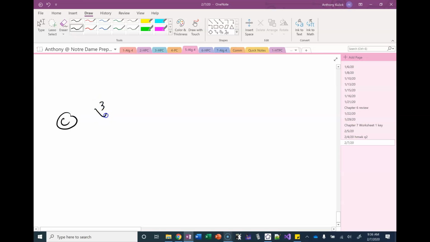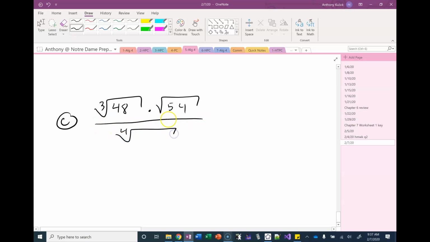Let's do the cube root of 48 times the square root of 54 over the 4th root of 96.